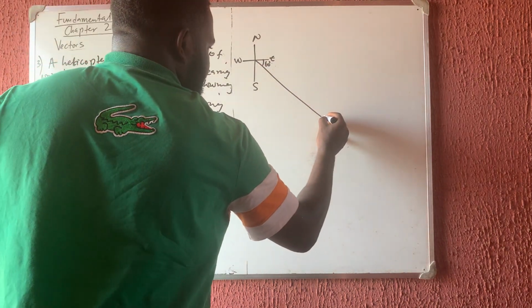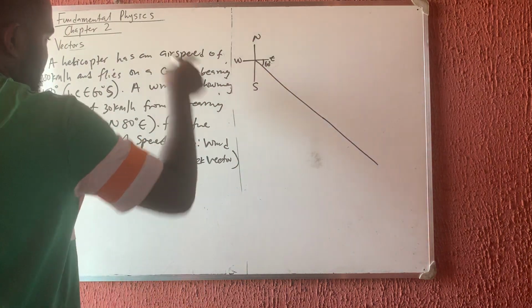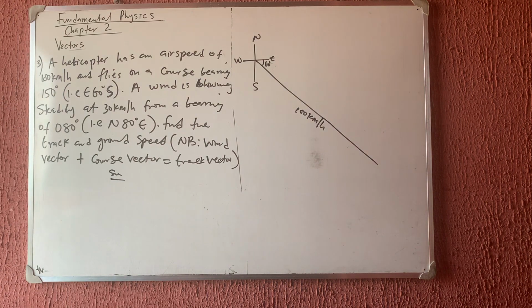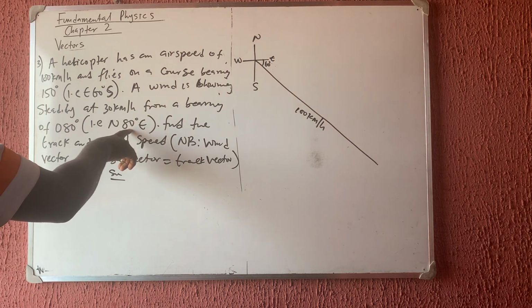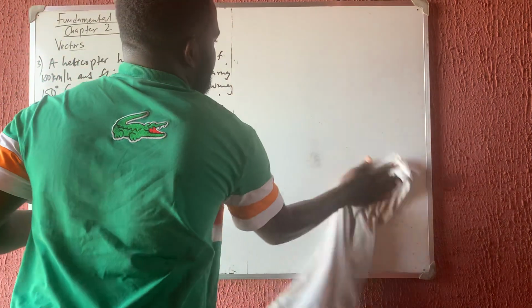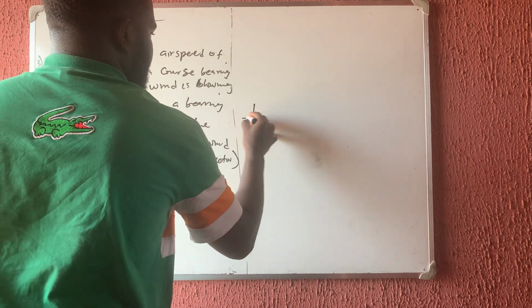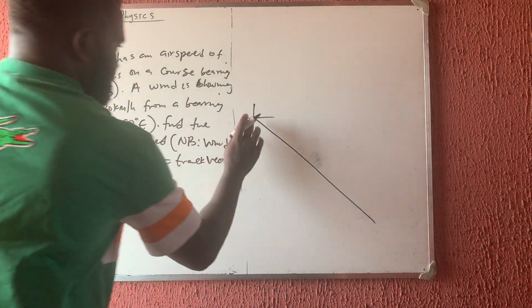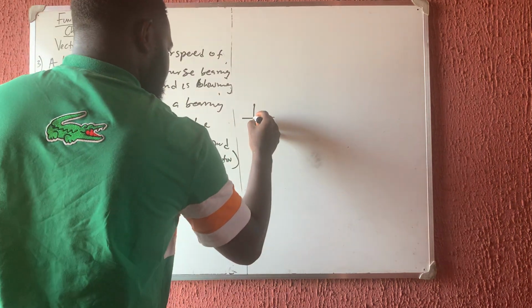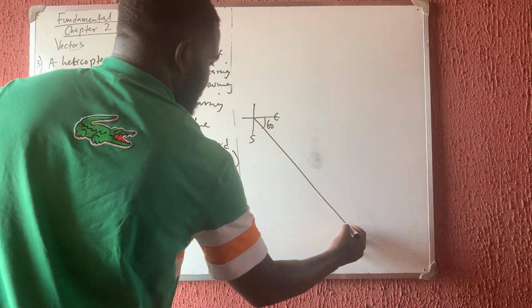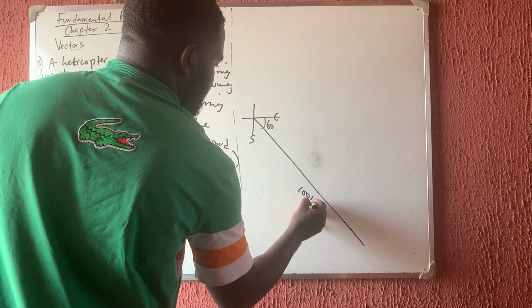They gave me that the speed is 100 kilometer per hour. 60 is bigger, so let me make it bigger. This is my east and south, and this is my 100 km.